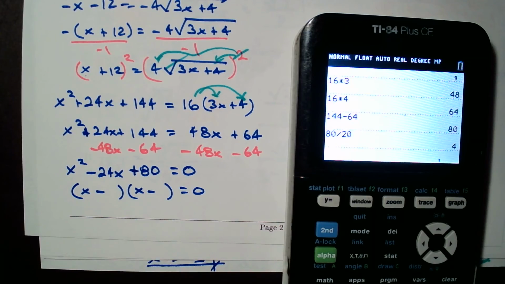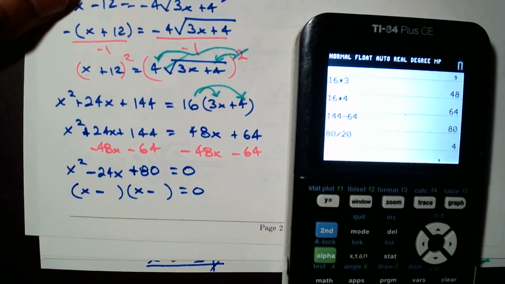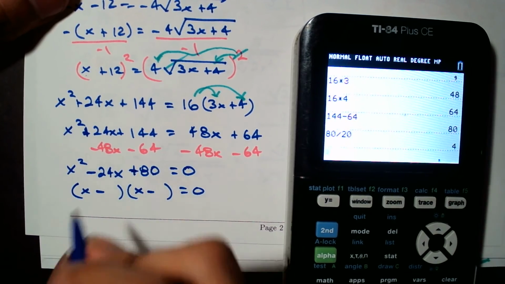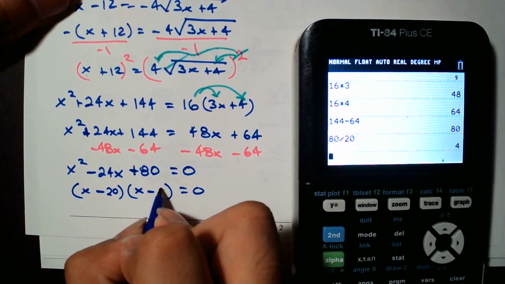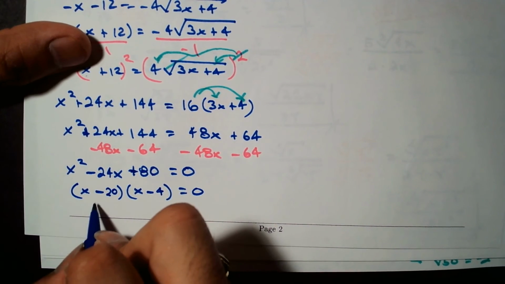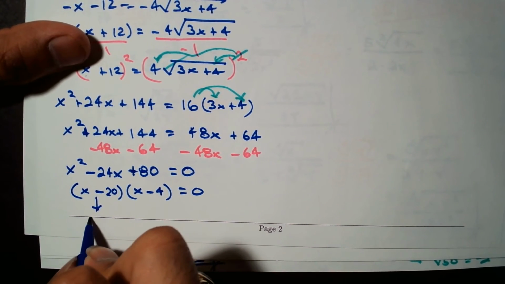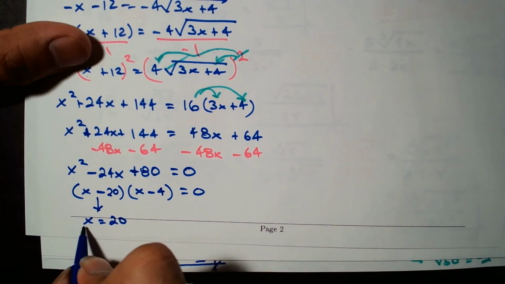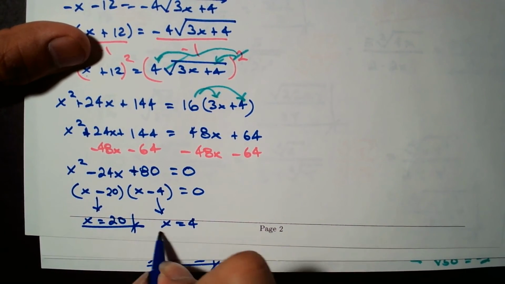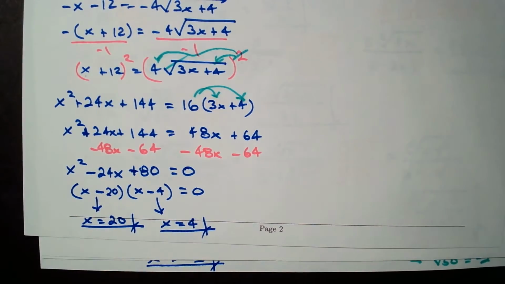Well, yes, 20 times 4, because 20 plus 4 is 24. If we do both negatives, negative 20 and negative 4, that should do it. And in this case, our potential solutions are x equals 20 and x equals 4, all right?